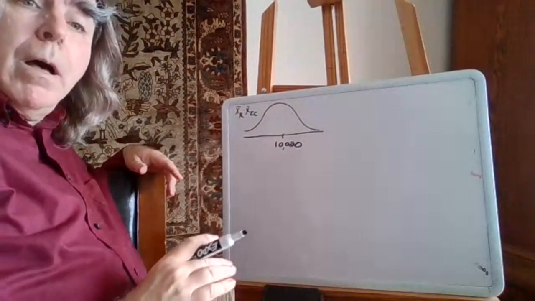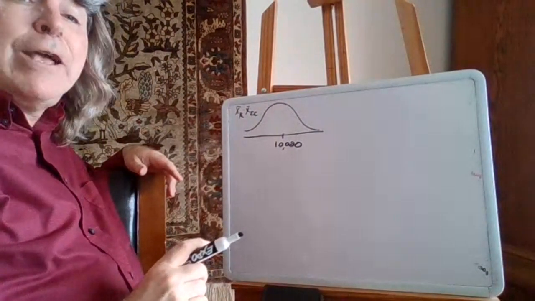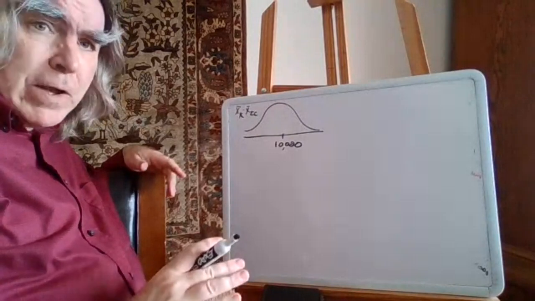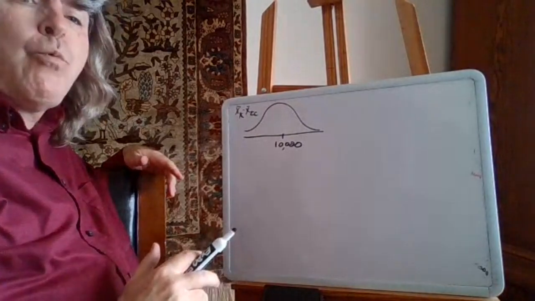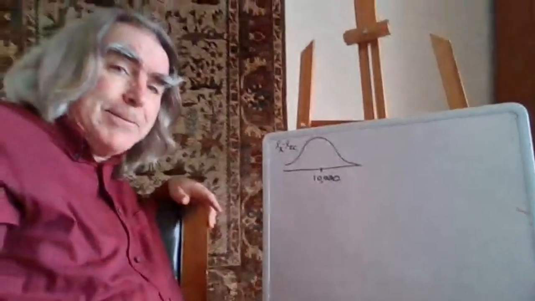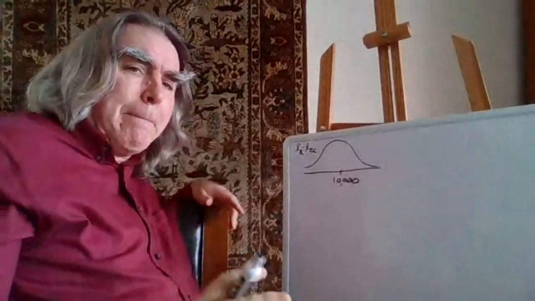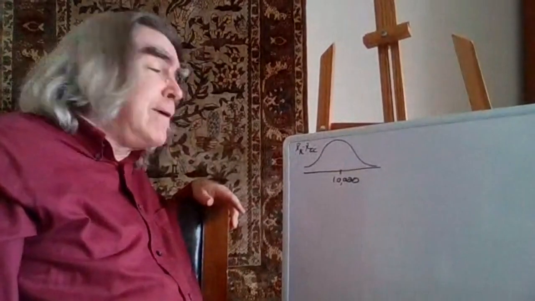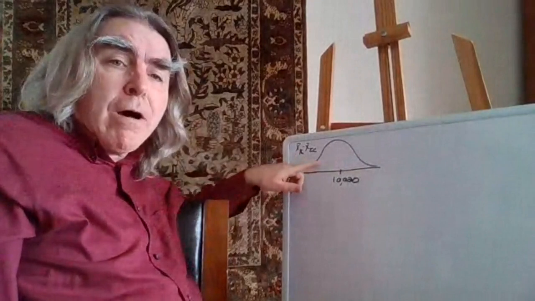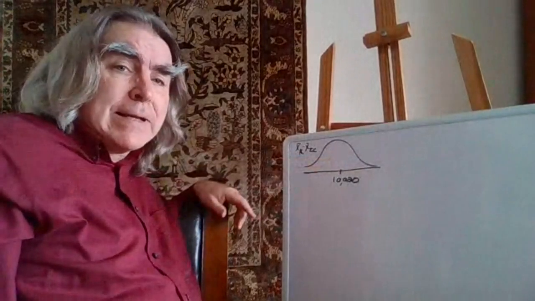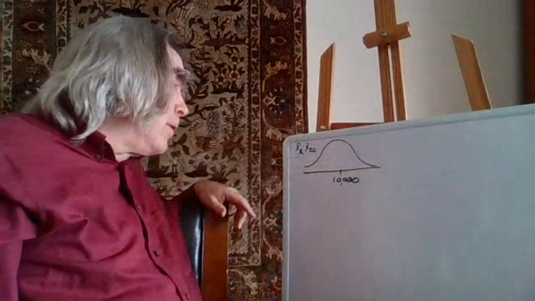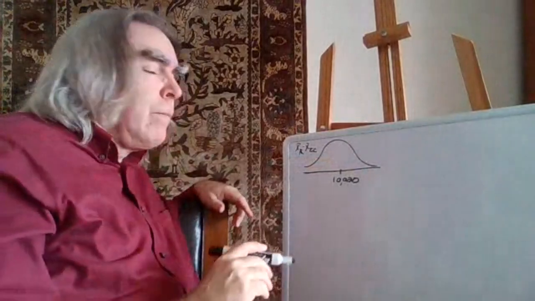Our null hypothesis had a greater than or equal to sign in it, which means it's a one-tailed test. So let's figure out which side in the one-tailed test we are going to be looking at.